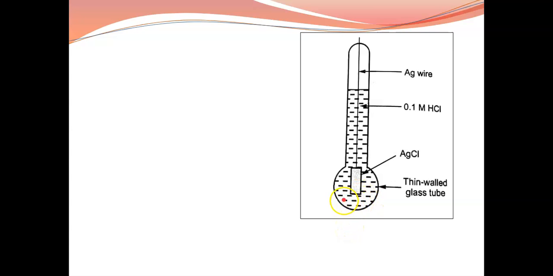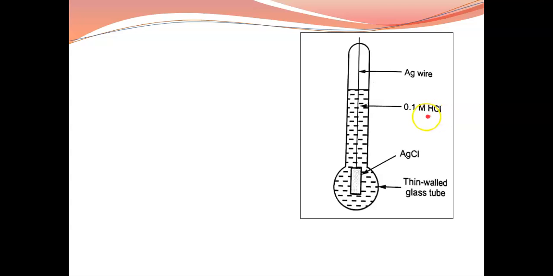When this electrode is dipped in an analyte which is having H plus ions, the potential is developed across the membrane because of the difference in concentration of the H plus ions present in the external solution, as well as the H plus ions present in the internal solution. Here the internal solution is 0.1 molar HCl.